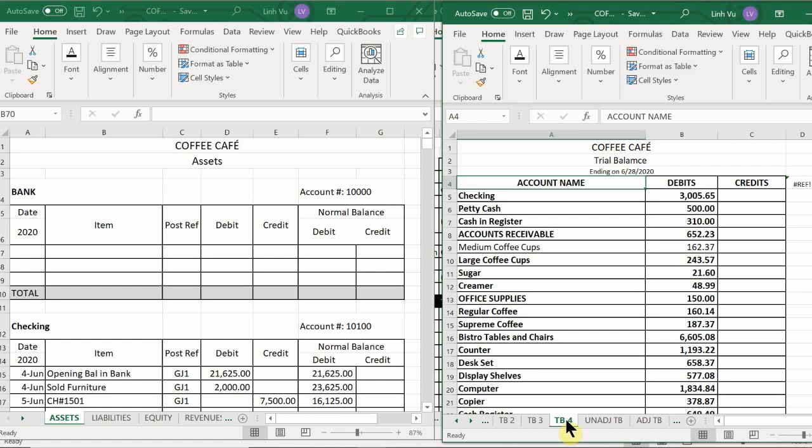We're working on a separate page now. So in this case, we're working now on trial balance number 4. So nothing will change on trial balance 3. Okay. It's a completely separate worksheet. All right. So that's one way that you could save some extra time, by creating copies of the worksheets.